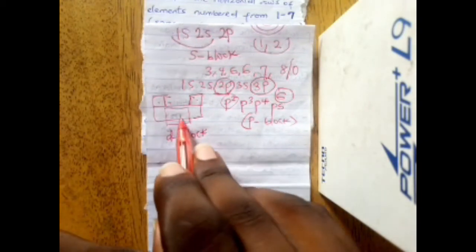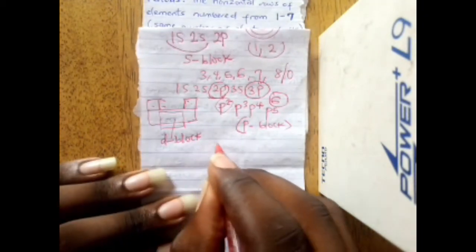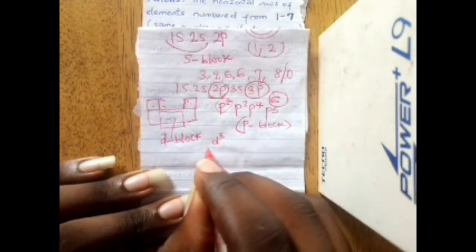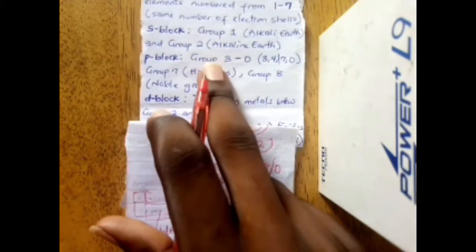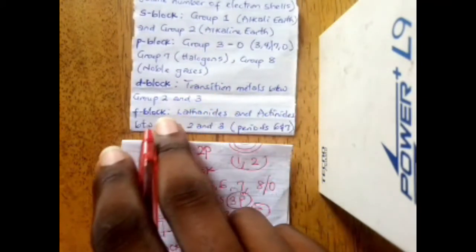Every element in this area of the periodic table has electrons configured in the D block. That is, the valence electrons are usually in the D block.